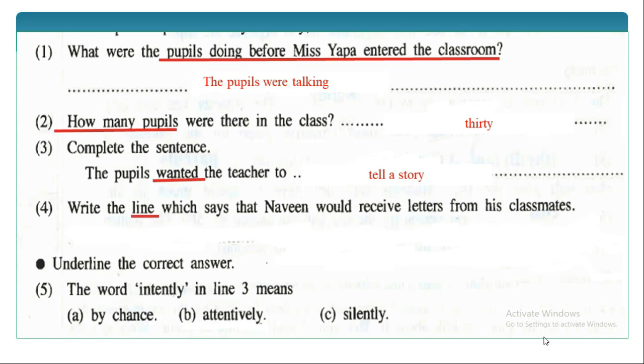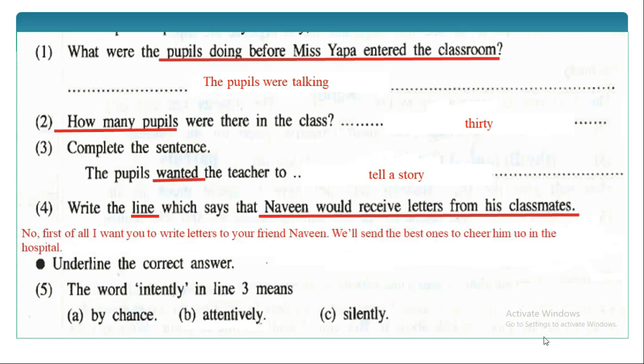You have to write the line. The answer is: No. First of all, I want you to write letters to your friend Naveen. We will send the best ones to cheer him up in the hospital.